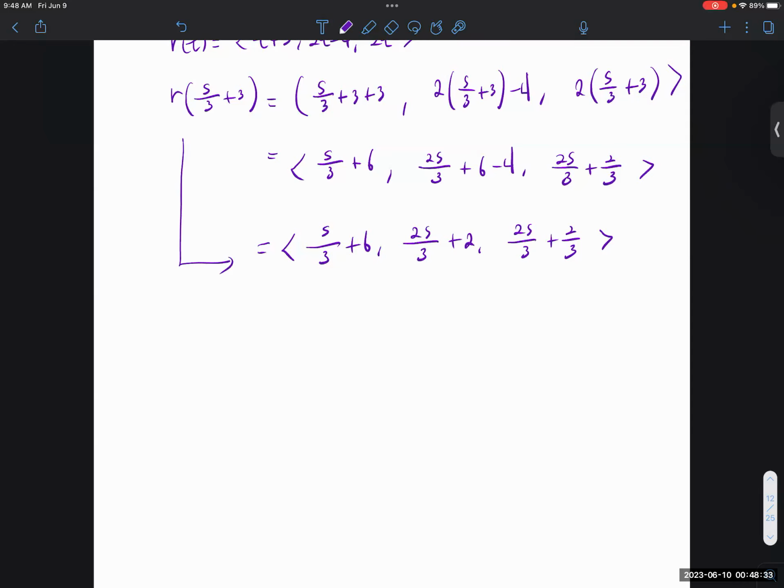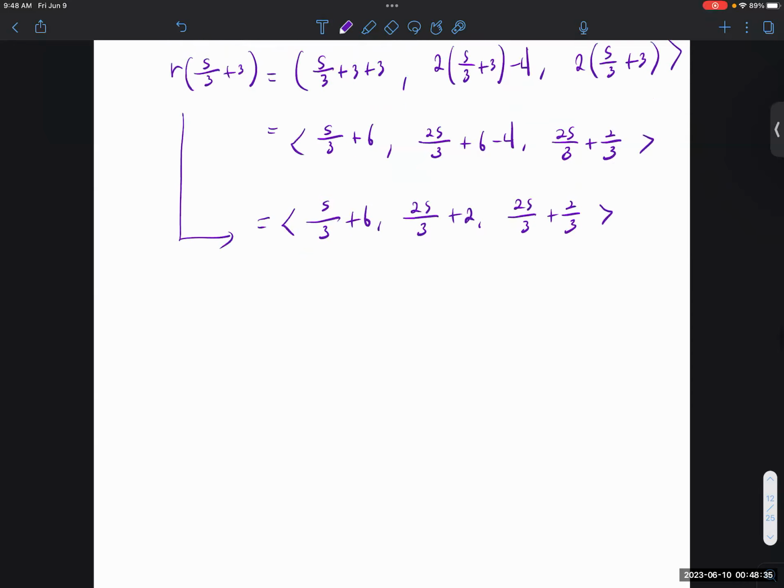And you can convert it to ijk form. You can find the equation. So this is the arc length parameterization of r(s). The original restriction on t is that t is greater than 3.